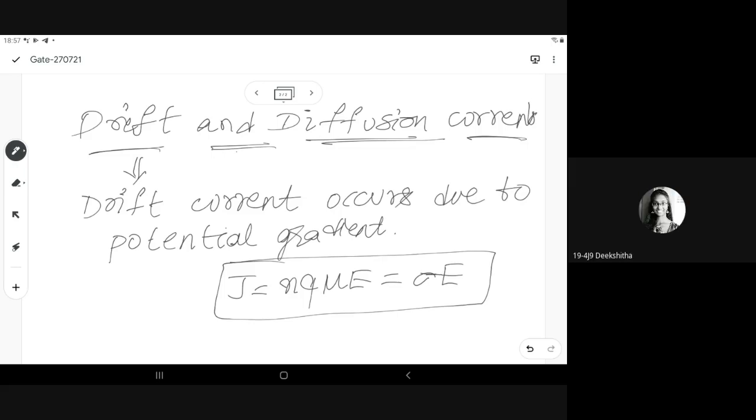So the drift current density is nqμE, where n represents the number of electrons, q the charge of the electron, μ the mobility of the electrons, and E the electric field. This occurs due to the potential gradient, and it changes with distance.